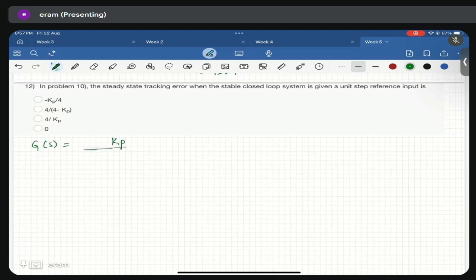It was Kp by S square plus 2s plus Kp minus 4. Find the steady state tracking error with unit step input. R(s) is 1 by s.